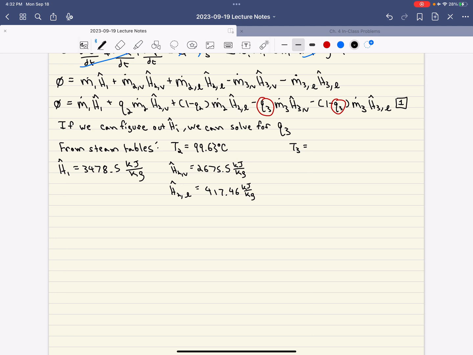And we could also look up the enthalpy values as well. H3V, 2748.7 kilojoules per kilogram, H3L.